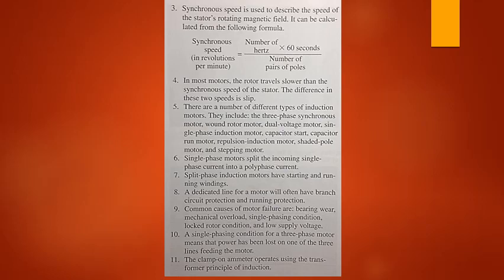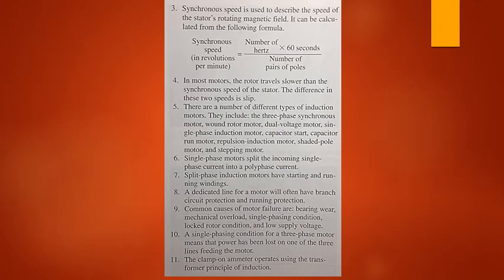Number 5, there are a number of different types of induction motors. They include a three-phase synchronous motor, wound rotor motor, dual voltage motor, single-phase induction motor, capacitor start, capacitor run motor, repulsion induction motor, shaded pole motor, and stepping motor. 6.